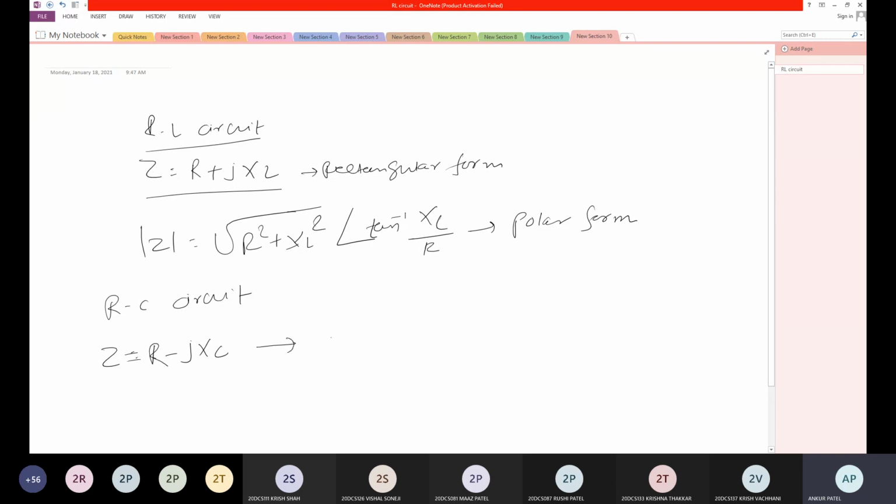So this is rectangular form. And polar form is Z equal to under root R square plus XC square, angle minus tan inverse XC by R.